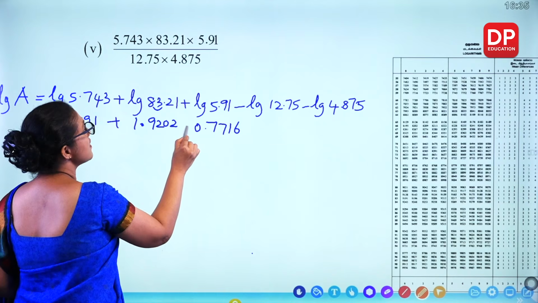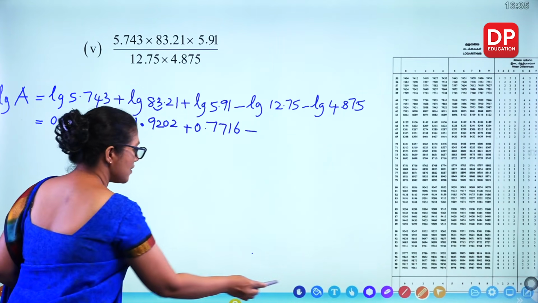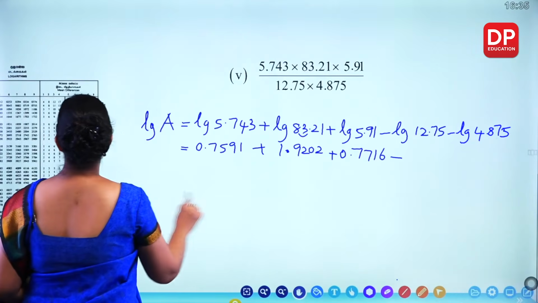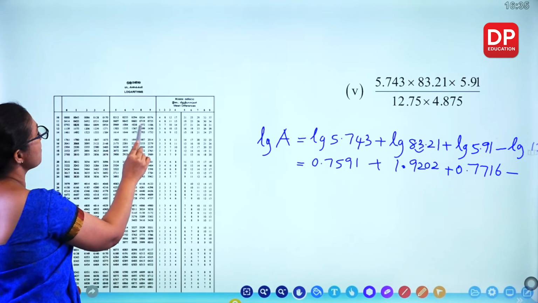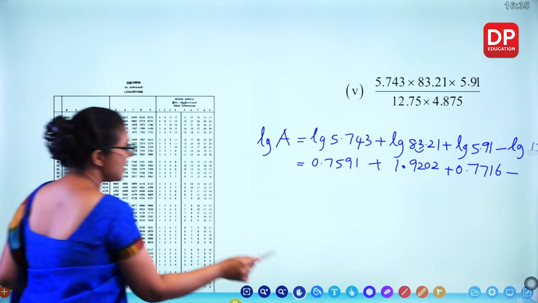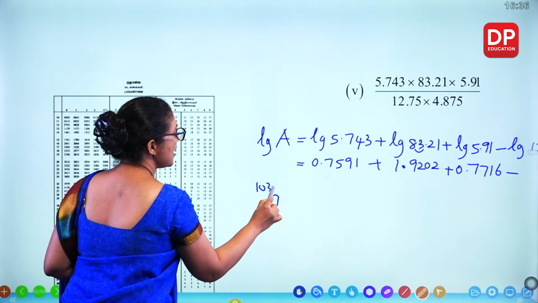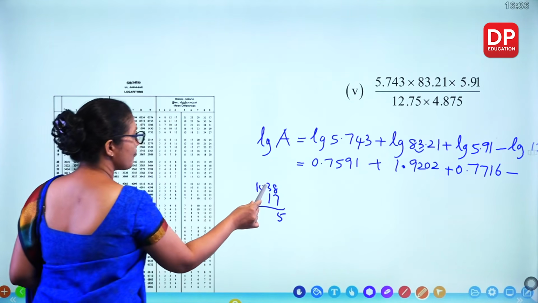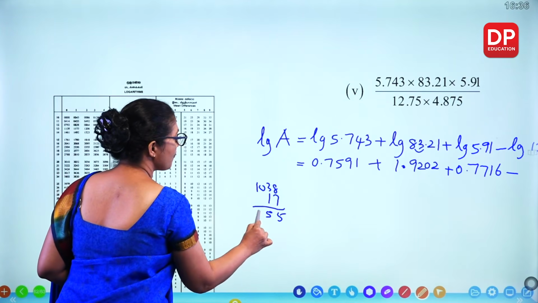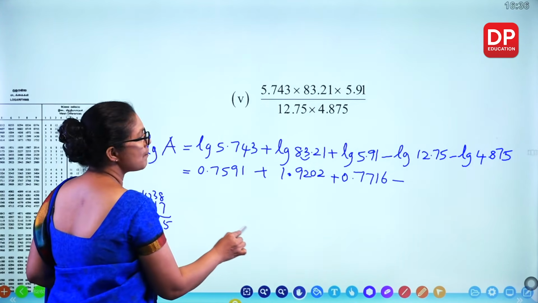And this one 12.75. 5 is 17. Add 17 to 10.38. 10.55. So you get 10.55 here.